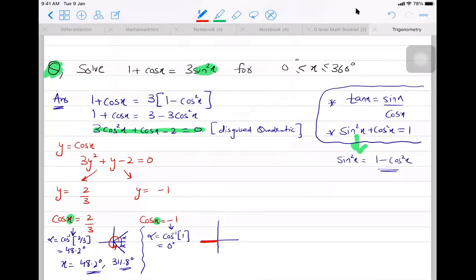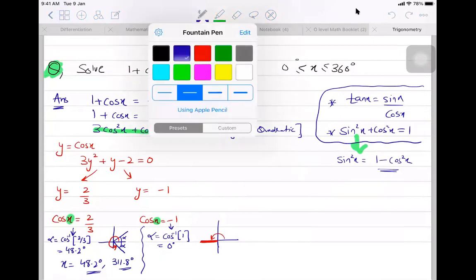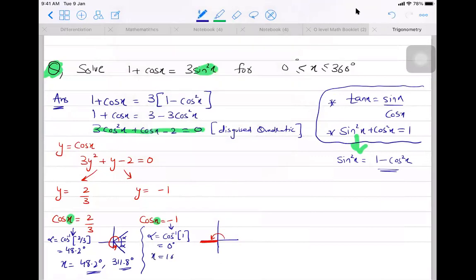So one of the angles, this is going to be your angle. So x is going to be 180 minus 0, that is 180. So as you can see over here, you have three angles for this solution: 180, 311.8, and 48.2. I want you to note down the working and ask if you don't understand anything.